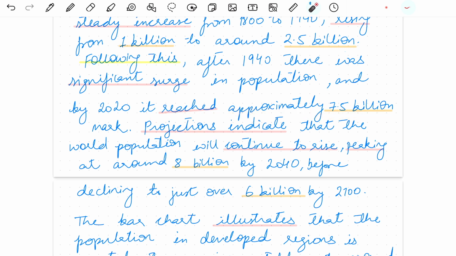Projections indicate that the world population will continue to rise, peaking at around 8 billion by 2040, before declining to just over 6 billion by 2100.